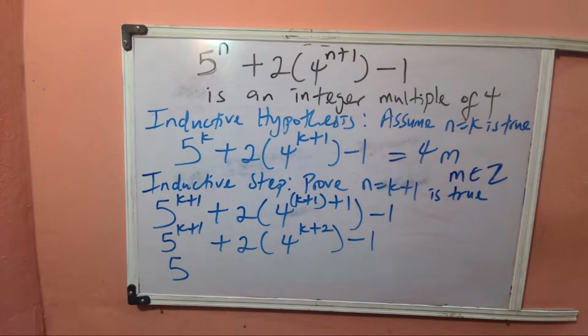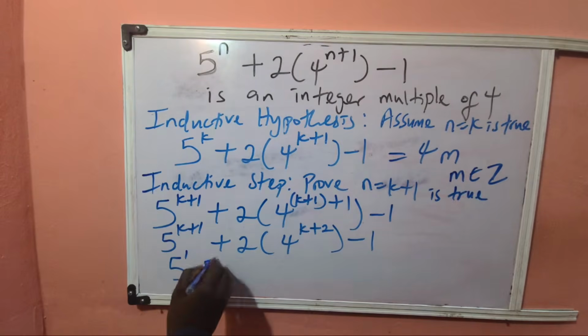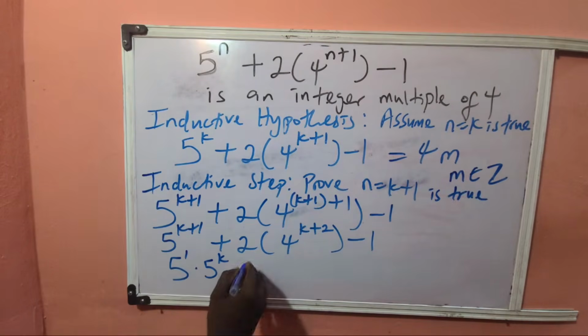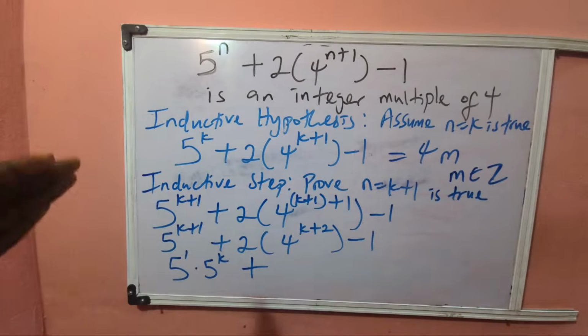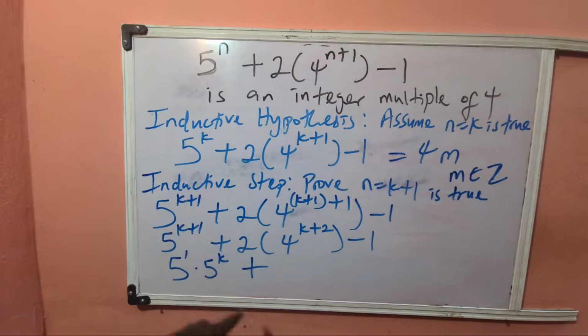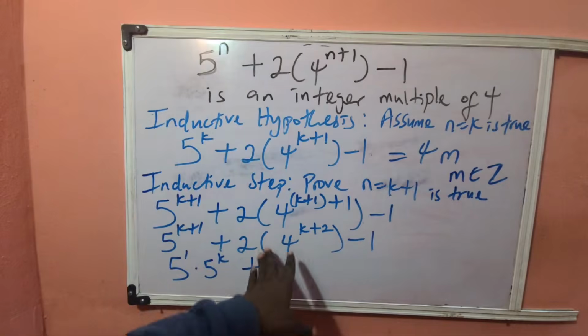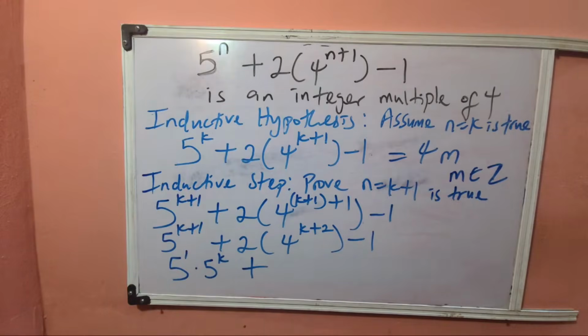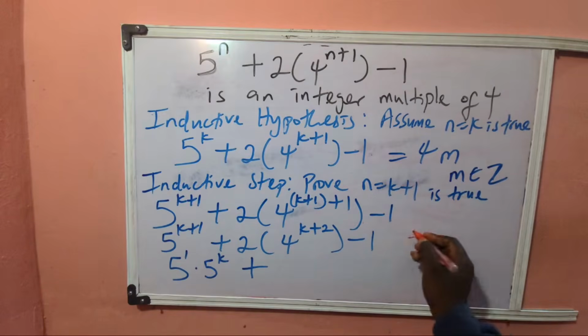Of course, from your law of indices, this is the same thing as 5 raised to the power 1 times 5 raised to the power k. I'm sure nobody has an issue with that. Plus, now there's something I want to do here also. Because I want to use my inductive hypothesis here, don't forget this is for when we're dealing with k plus 1.